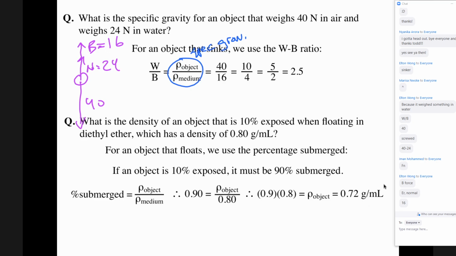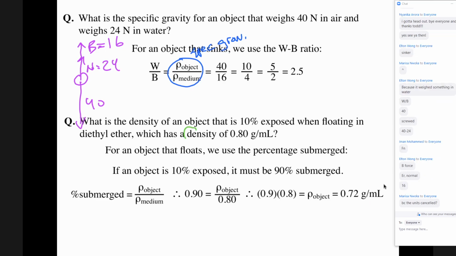The difference is this question asks for density, which has units. This one asks for specific gravity, which has no units because they cancel, just like you said.